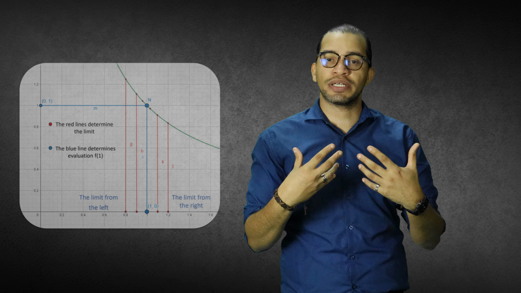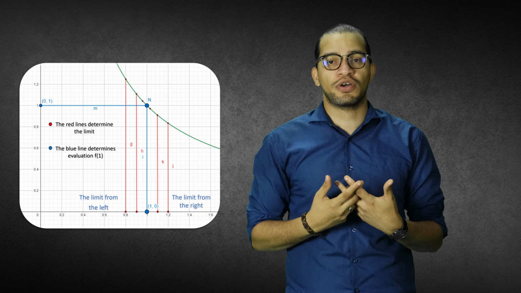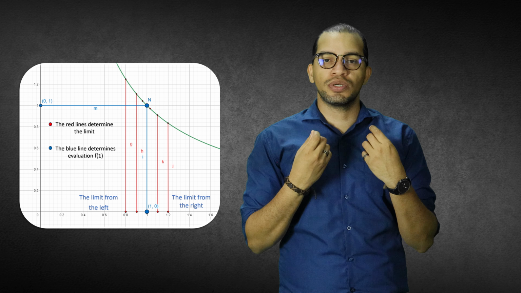Now, the reason why we call this the naive substitution is because it is naive to assume that the limit is about plugging the value into the function instead of knowing what happens close to the value of tendency.